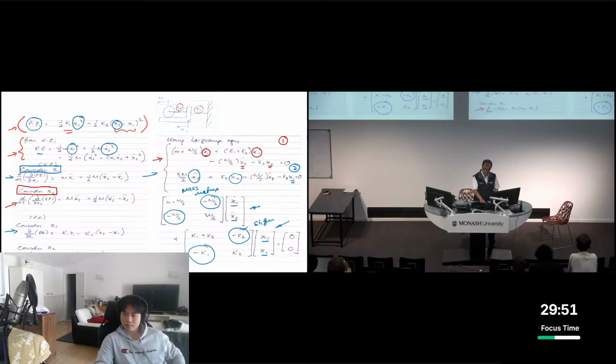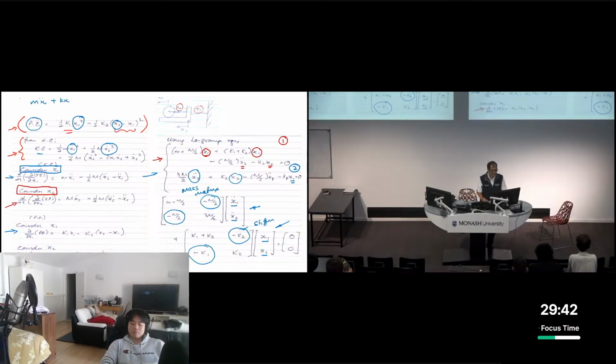Okay. Any questions? Now, although we said that when we are dealing with a 1 degree of freedom system, omega n is equal to square root k on m, this is only because we have the equation only in x.